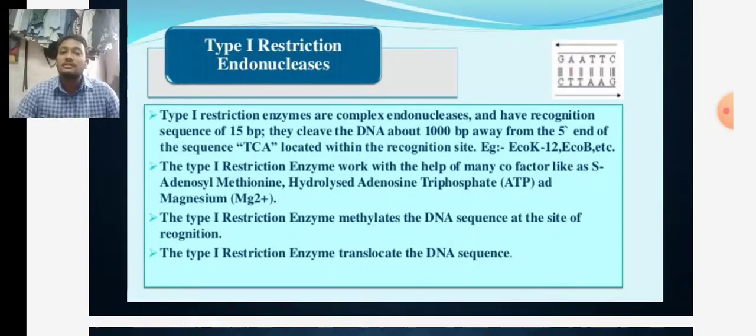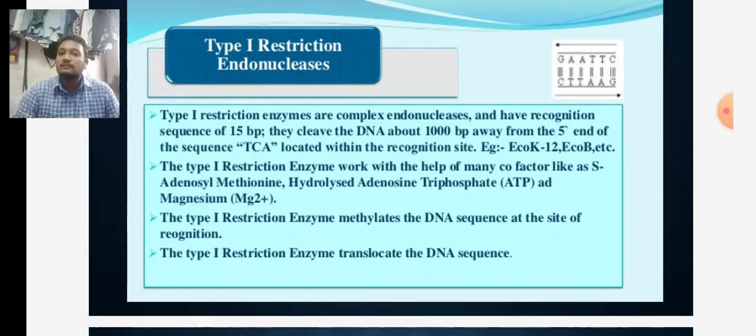We have already discussed the three main functions: recognition, restriction endonuclease, and methylase. It recognizes the 15 base pair sequence, then cleaves the DNA about 10 base pairs away from the 5 end.